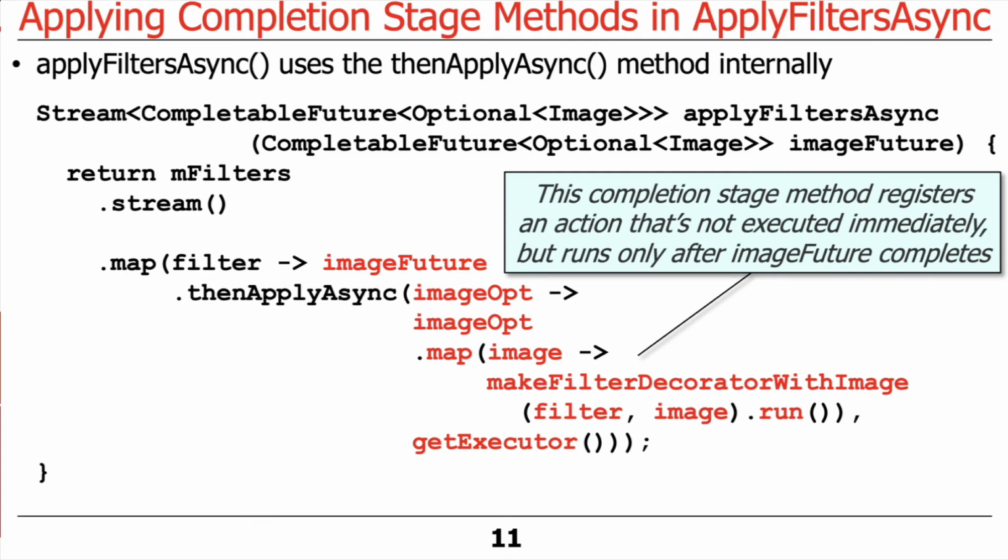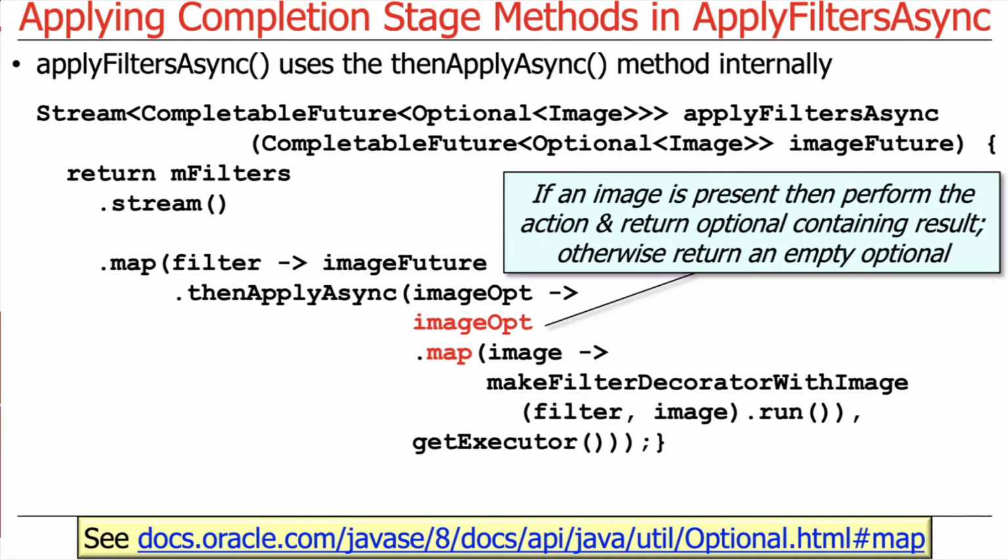The completion stage method thenApplyAsync registers this action, which again, of course, is not executed immediately, but will be stored and run in a worker thread in the common fork join pool only after the image future completes downloading, which is exactly what you want. So notice how cleanly completable futures combine with sequential streams. It's really beautiful.